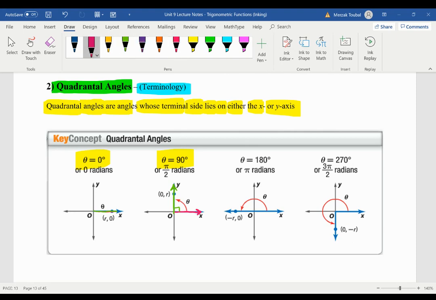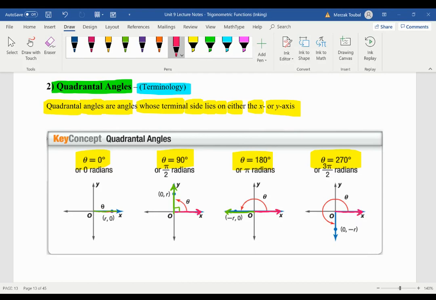Looking at the third one, 180 degrees. So the initial side is, again, on the positive x-axis, and the terminal side is on the negative x-axis. So that makes it 180 degrees. And then 270, so the initial side, again, is on the positive x-axis.